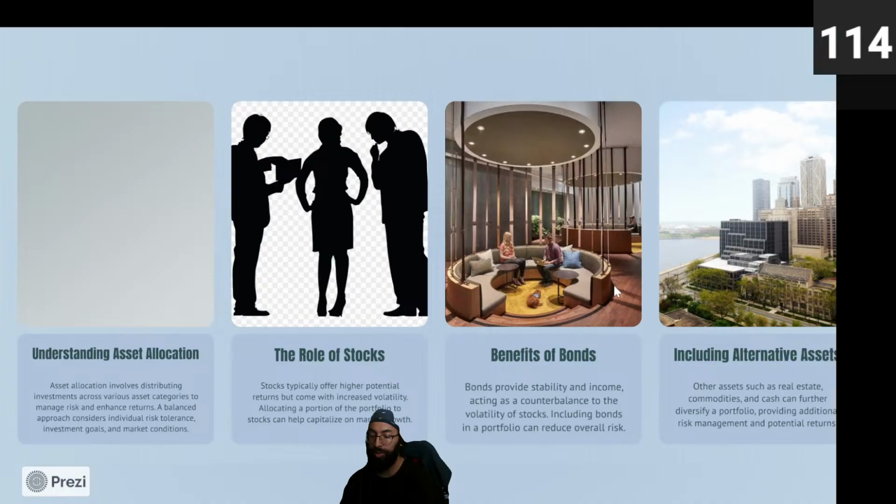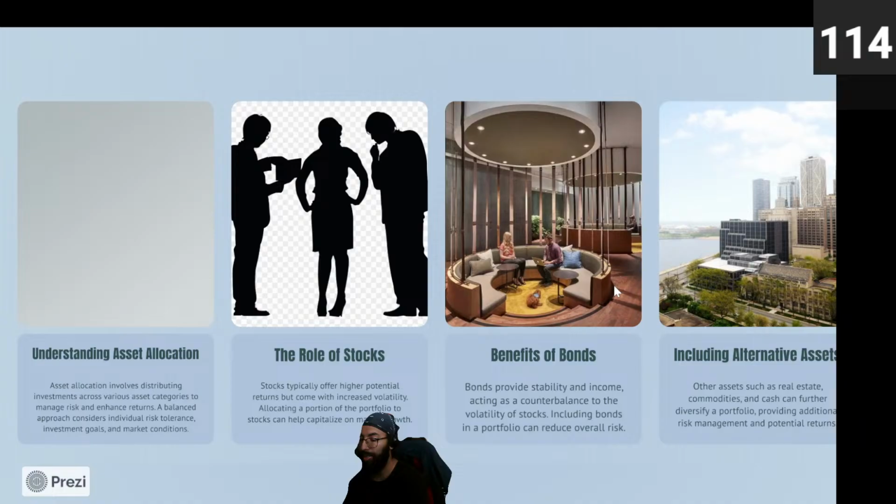We have the benefits of bonds, which provide stability and income, acting as a counterbalance to the volatility of stocks. Including bonds in a portfolio can reduce overall risk. We also have alternative assets like real estate, commodities, and cash, which can further diversify the portfolio and provide additional risk management and potential returns. So that's how you balance the portfolio.